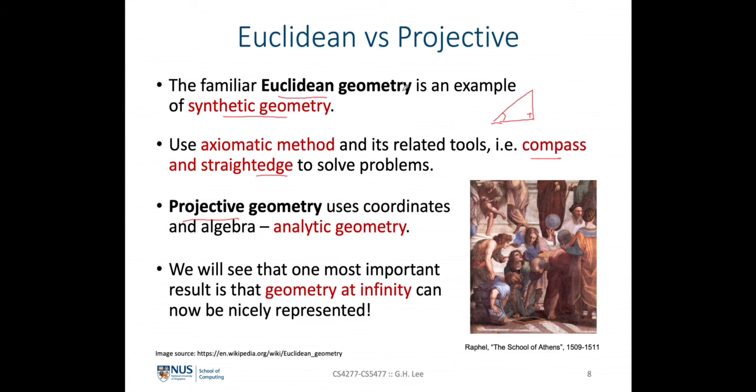We shall see that one of the most important results from projective geometry is that the geometry at infinity can be nicely represented. In Euclidean space, there's no way to represent any points, lines, or planes that occur at infinity.